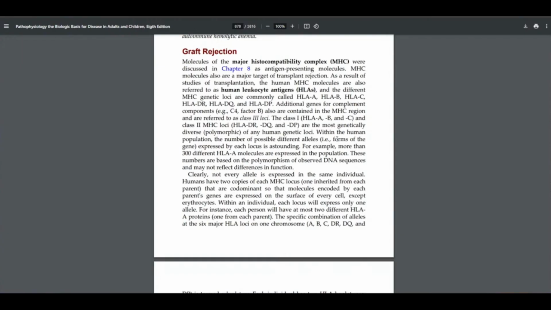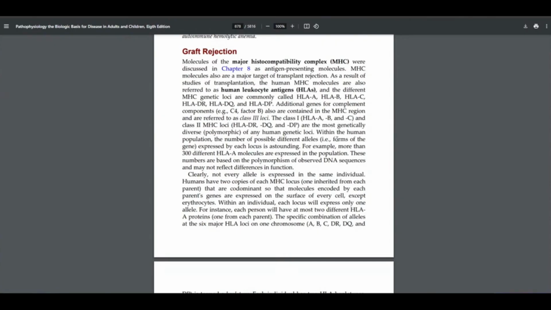As a result of studies of transplantation, the human major histocompatibility complex molecules are also referred to as human leukocyte antigens, or HLAs, and the different major histocompatibility complex genetic loci are commonly called human leukocyte antigen A, B, C, DR, DQ, and DP.